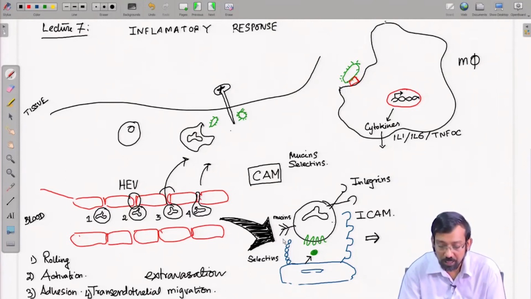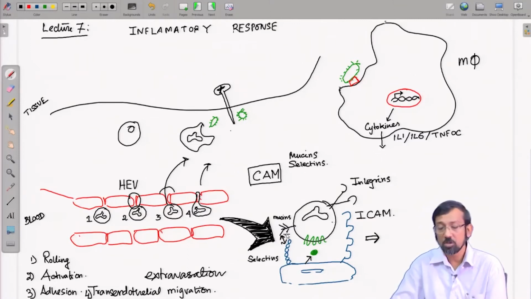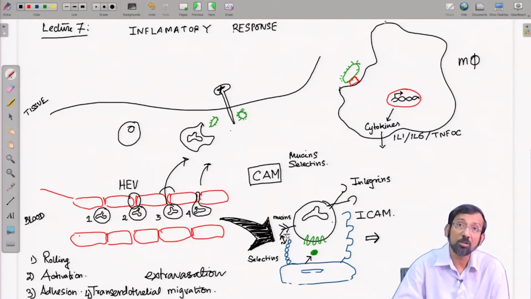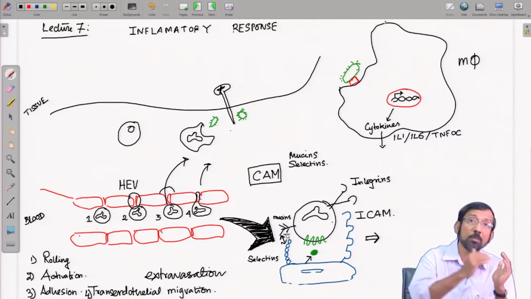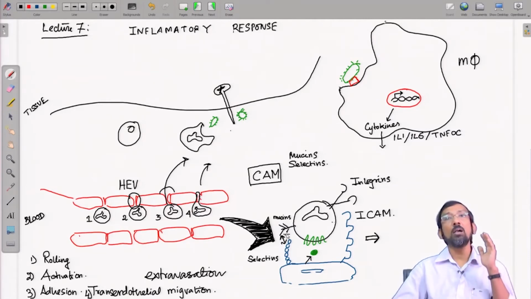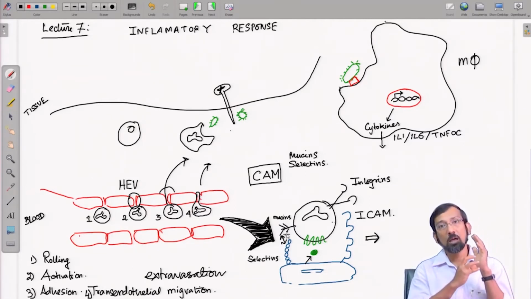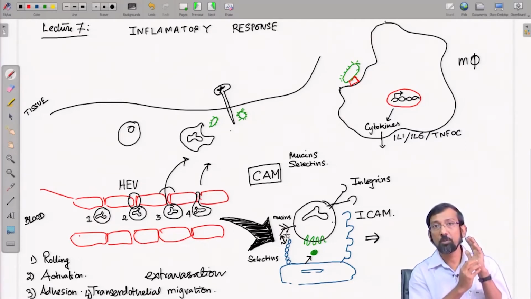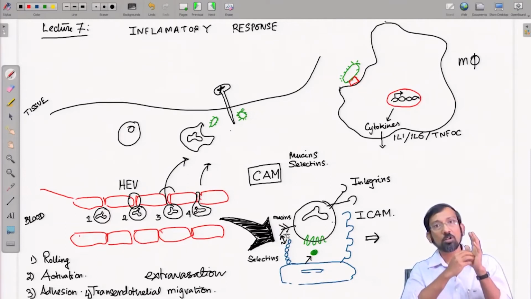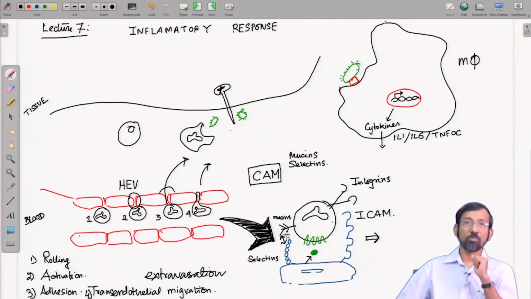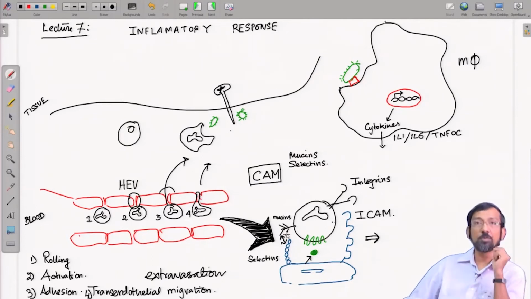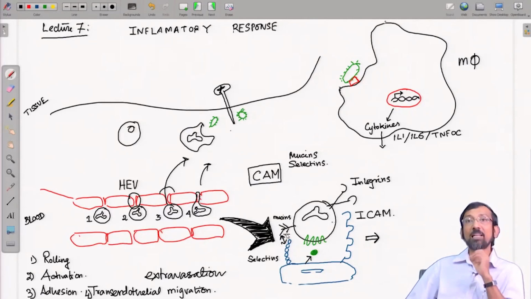As the mucin binds to the selectin, the cells which were flowing in the bloodstream are now attached to the endothelial cell, the first step of attachment, and they start to roll on the surface. The second step is very important, that is the activation.